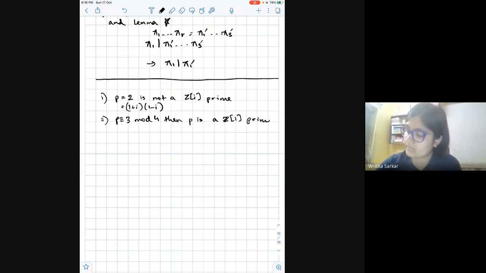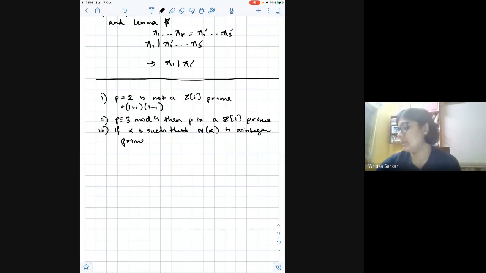Okay. Now, number 3, if alpha is such that the norm of alpha is an integer prime, right? Then alpha is a Gaussian prime.